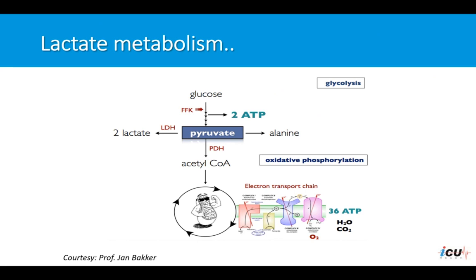Of course, glucose is converted to pyruvic acid, and under oxidative phosphorylation, the pyruvic acid is converted into acetyl coenzyme A under the effect of pyruvate dehydrogenase, and then goes into the Krebs cycle and produces 36 ATPs. The byproducts are water and CO2.